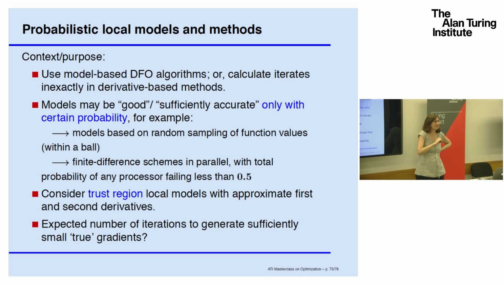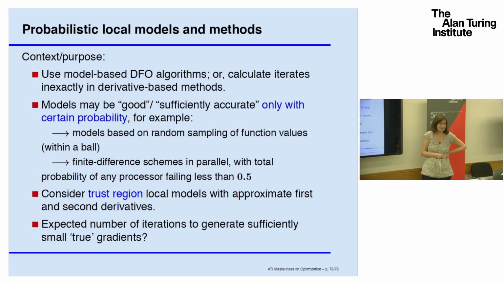But assume another case: I want to do derivatives, and I'm going to do finite differencing in parallel, and I have processor failure. Should I wait for my derivative from that failed processor to come back before I compute the gradient step? Or should I just keep going with however few finite differences I have? How tolerant of this kind of failure will my algorithm be?